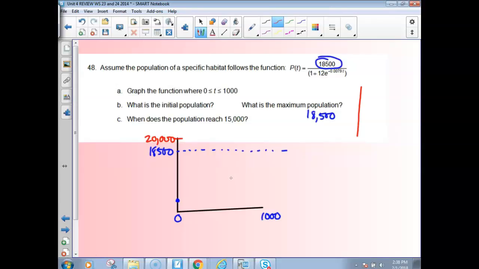I had an extra 0. Okay, so what's this thing do? It goes like this. And this number, you should find the y-intercept is 1,423. And it takes about 499 years till it gets to 15,000. You don't need to have a right to line up, by the way. You should have stayed in your seat. Thank you.